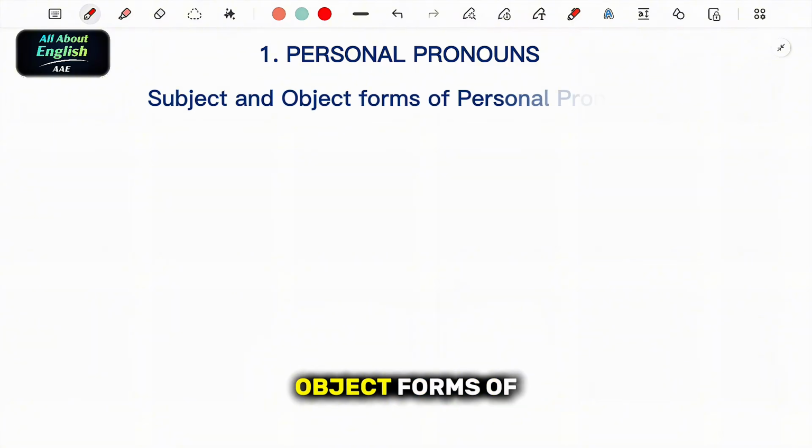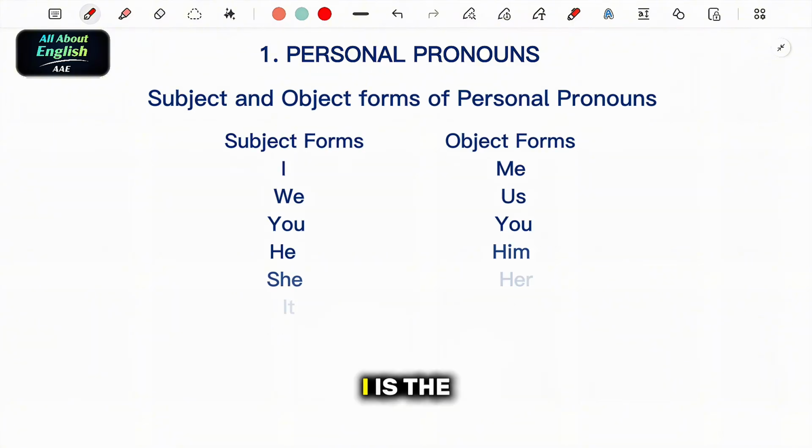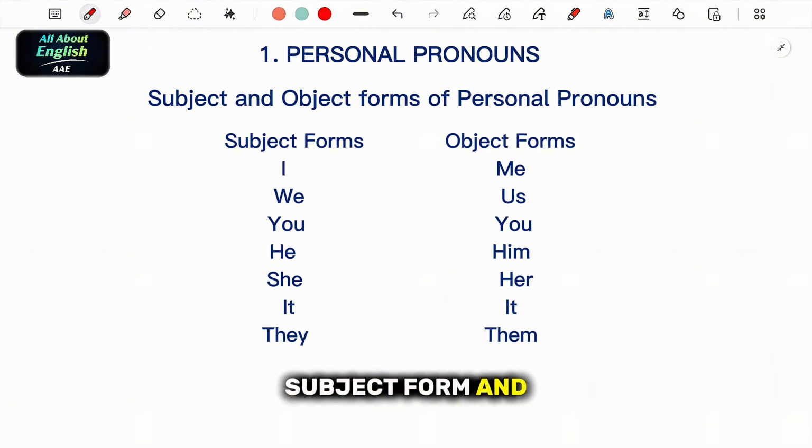Subject and object forms of personal pronouns. I is the subject form and its object form is me. We is the subject form and its object form is us. You is both the subject and object forms.